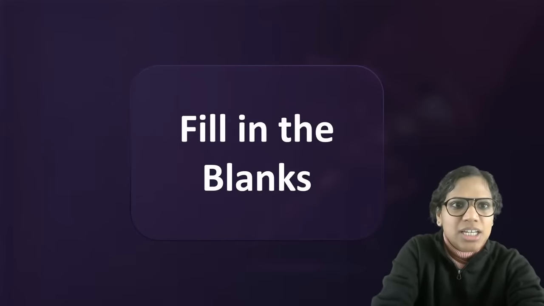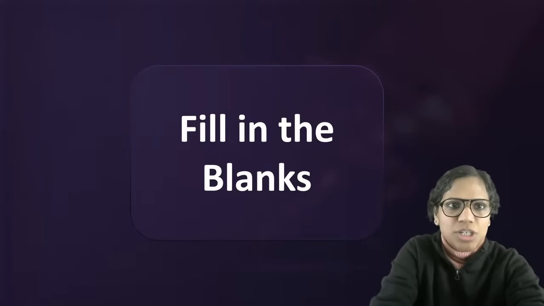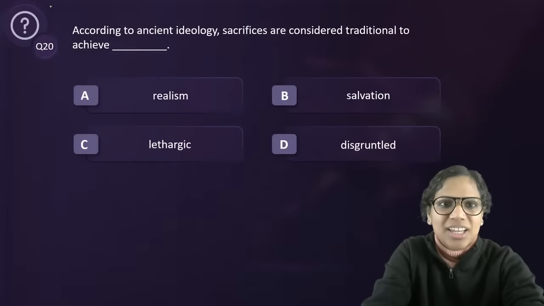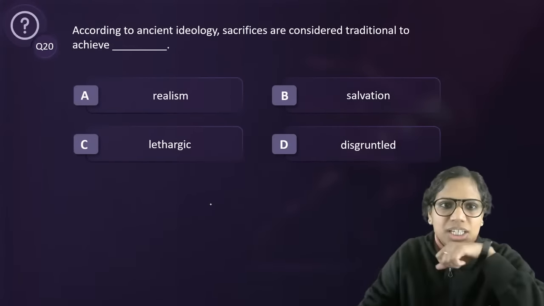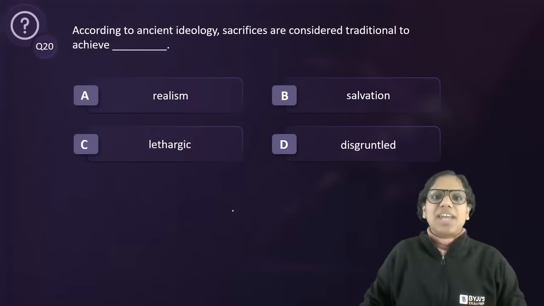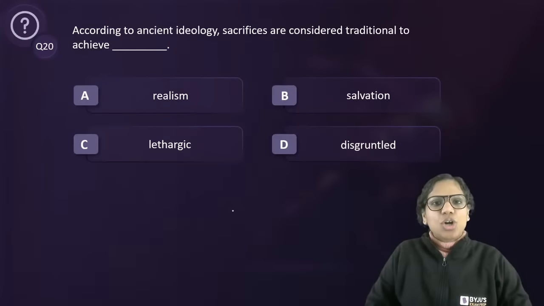All right. So let's attempt some fill in the blanks based on vocabulary. One blank, two blanks. Let's look at them. Lethargic, you know the meaning, right? Now here you can use grammar. In contextual vocabulary, you can use grammar.